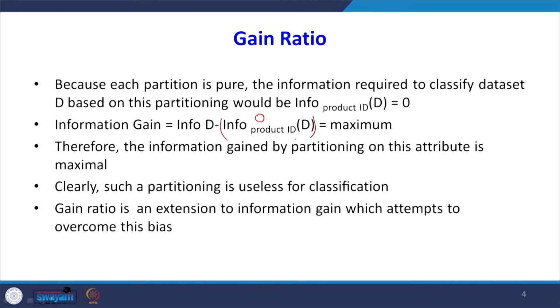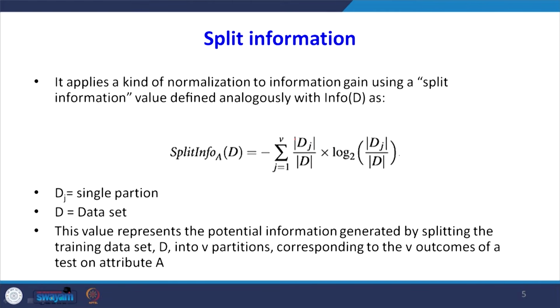So, the gain ratio is an extension to information gain which attempts to overcome this bias. Let us see what split information is. It applies a kind of normalization to information gain using a split information value defined analogously with Info(D). The split info of A for D is minus the summation, j equal to 1 to V, where V is the number of different levels, of |Dj| divided by |D| multiplied by log of |Dj| divided by |D| to the base 2.